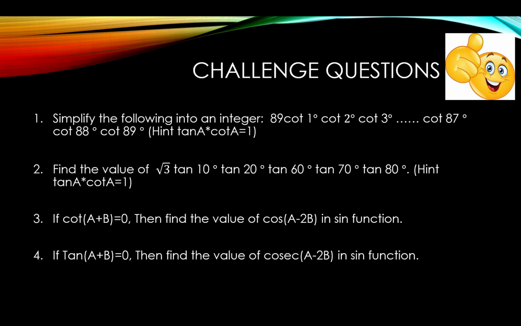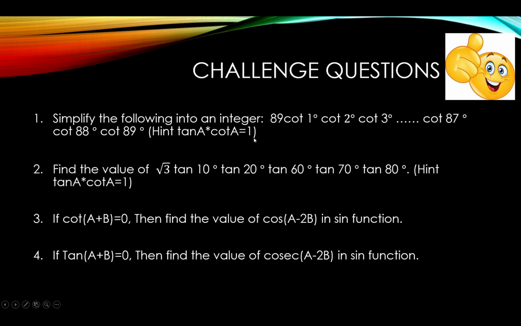Question number 1 is to simplify the following into an integer. The following is cot 1 multiplied by cot 2 multiplied by cot 3, and the dots in the middle mean that it continues all the way to cot 87, cot 88 and cot 89.